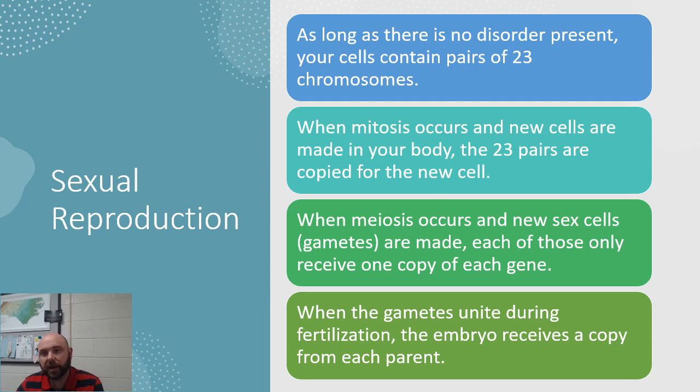So that pair is split into single copies of each chromosome. And then when fertilization happens, you get a set from your mom and a set from your dad, and that's how the chromosomes are mixed. And of course, we'll have dominant traits on some of the parental chromosomes and recessive traits on some of the parental chromosomes. And that's what leads to all of the different expressions of human characteristics that we see.